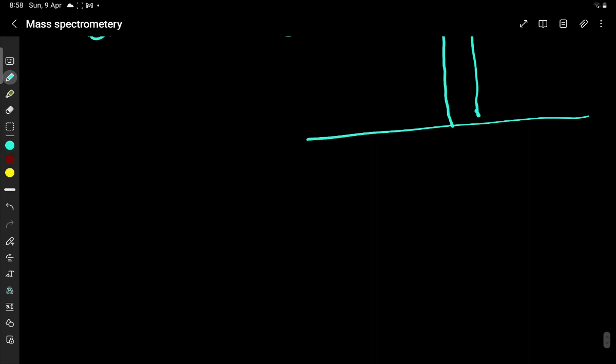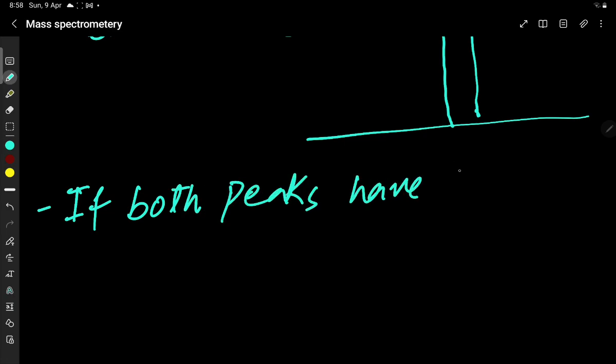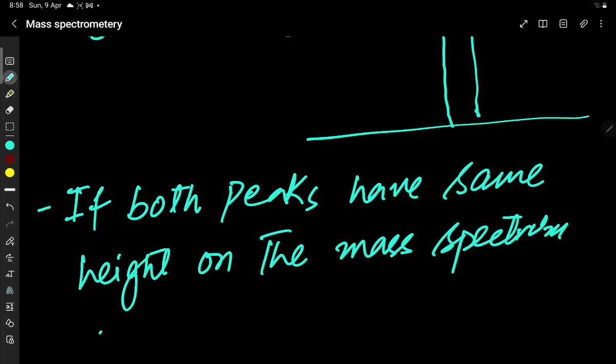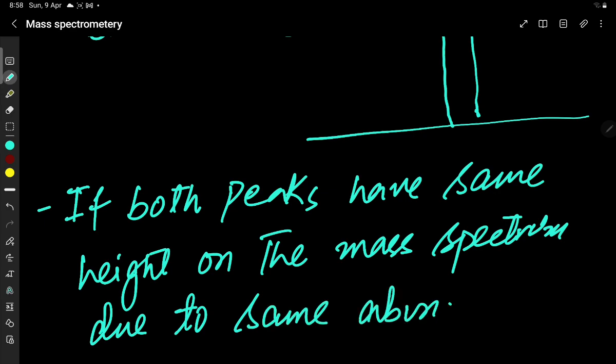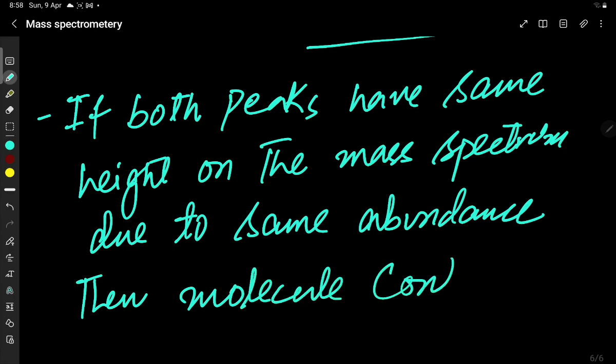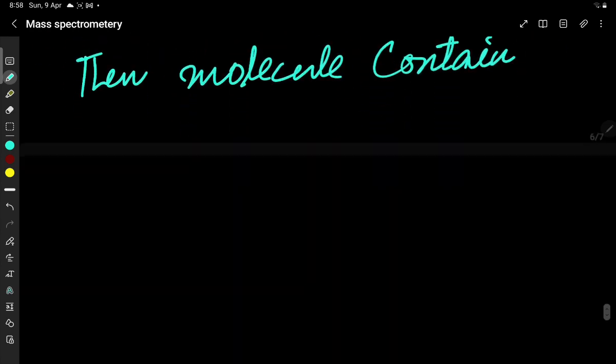So it means if both peaks have the same height on the mass spectrum, due to the same abundance, then the molecule contains a bromine atom.